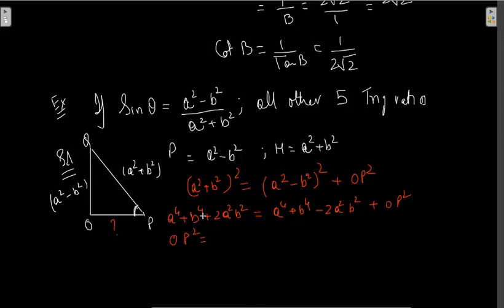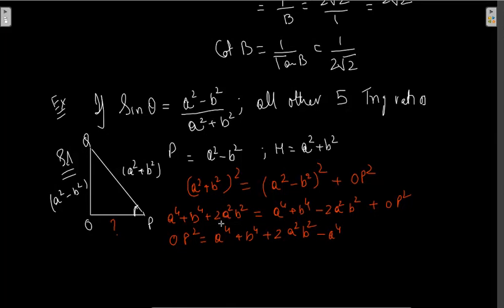take all the values of a's and b's on the other side, a4 plus b4 plus 2a square b square. And what happens is that when we shift it from the left hand side to right hand side, our sign changes. So this a4, which is positive here, when it goes to the other side, it becomes negative a4.